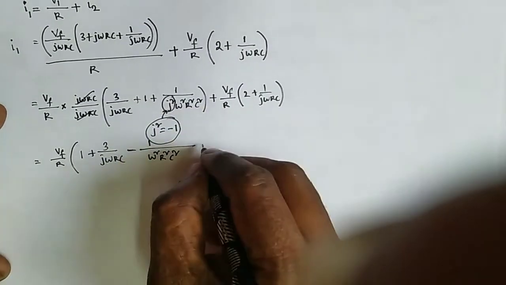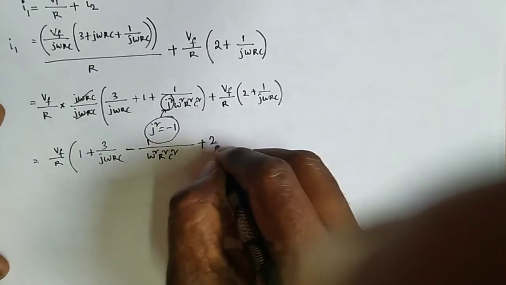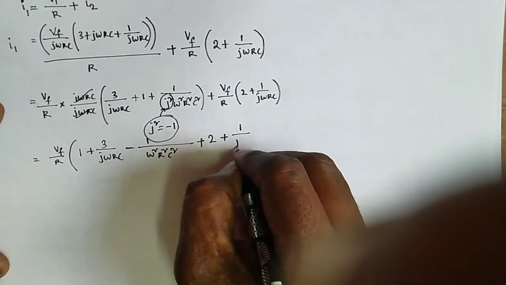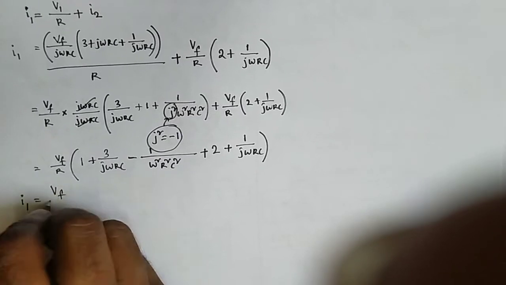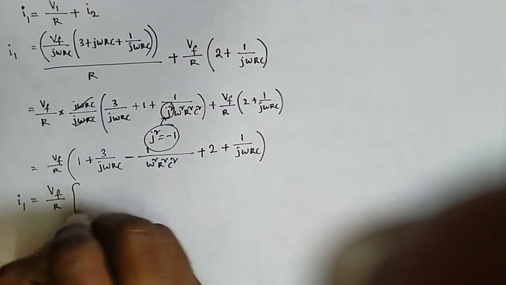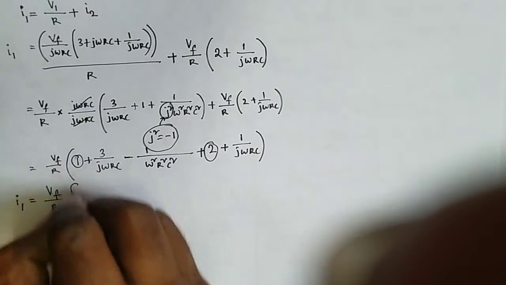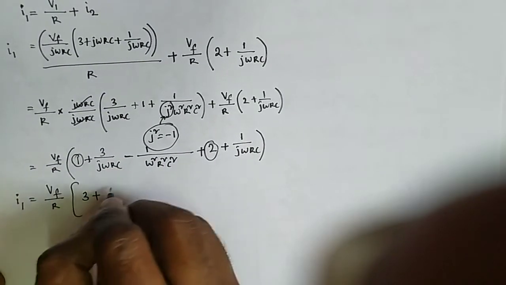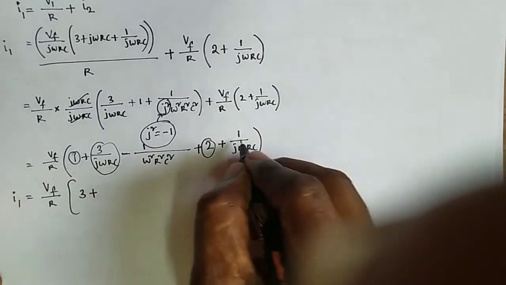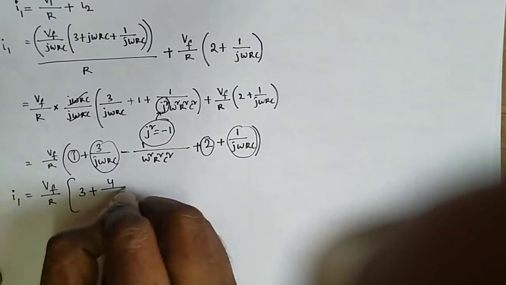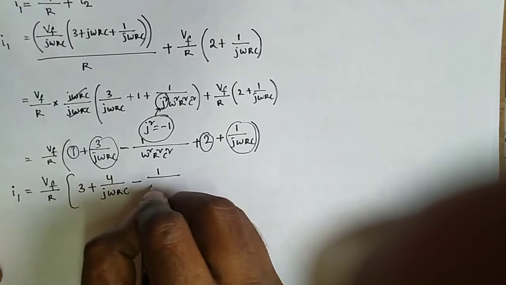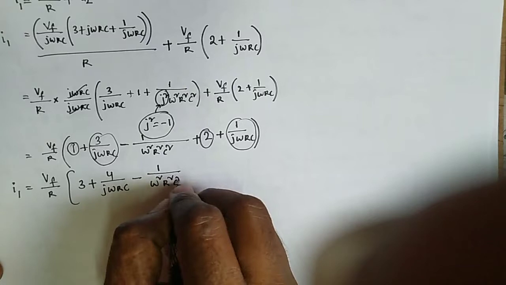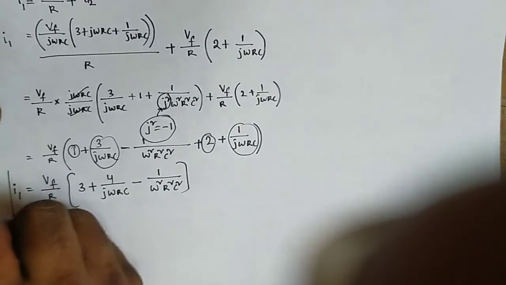Here Vf by R is common, and the remaining term is 2 plus 1 by j omega RC. The final expression for I1 is Vf by R into 2 plus 1, that is 3, plus 3 by j omega RC plus 1 by j omega RC, that is 4 by j omega RC, minus 1 by omega square R square C square. This is the function for I1.